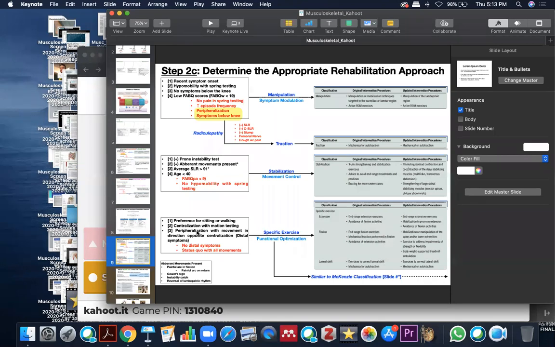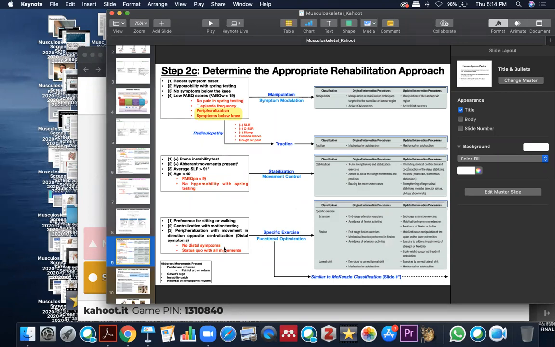And then also this one, it was written like this in the PowerPoints, but from what I understand, this means peripheralization with movement in the direction opposite to centralization. Basically, if you have a centralizing movement, in this case extension was centralizing for the patient, and the opposite movement, flexion, was peripheralizing, then that will also rule up using this particular approach.